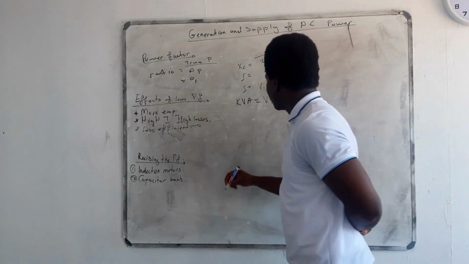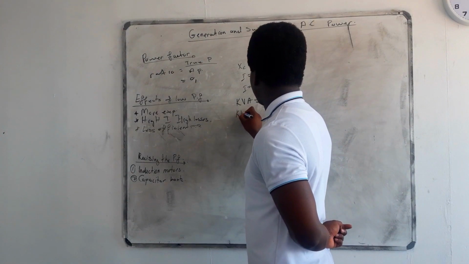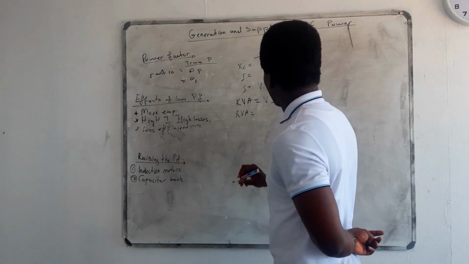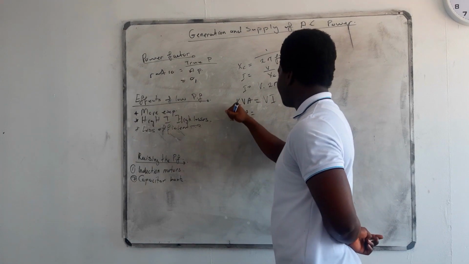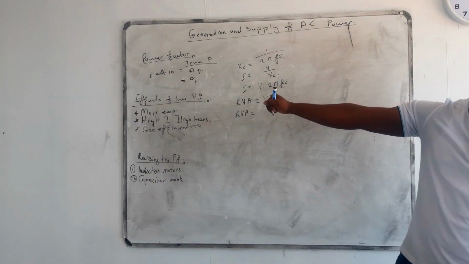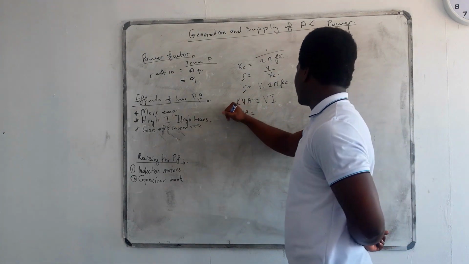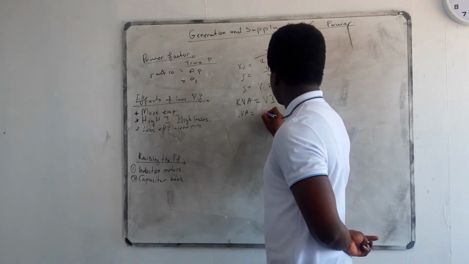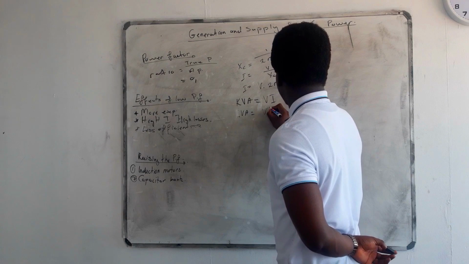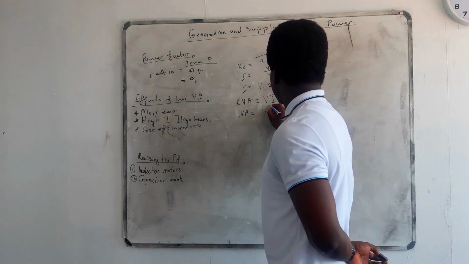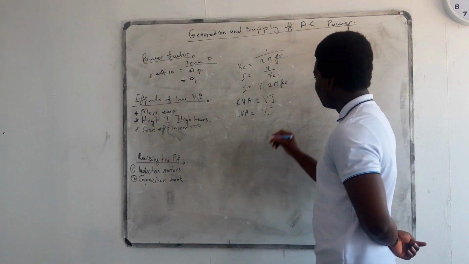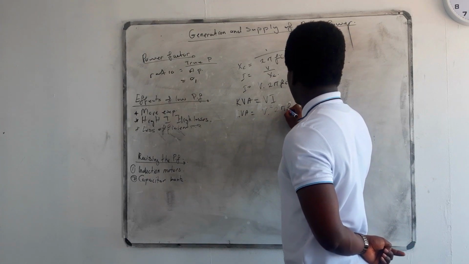So if someone asks you to calculate power, what does K mean? 1,000. So you can remove the K, and then the power is the voltage multiplied by the voltage, which makes it voltage squared, multiplied by 2 pi FC.